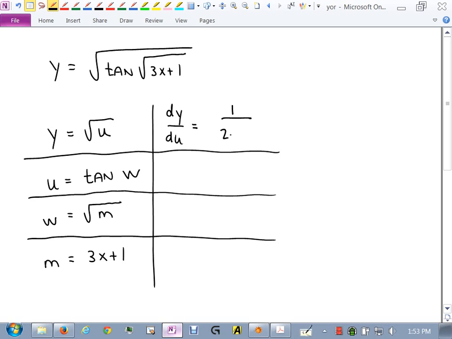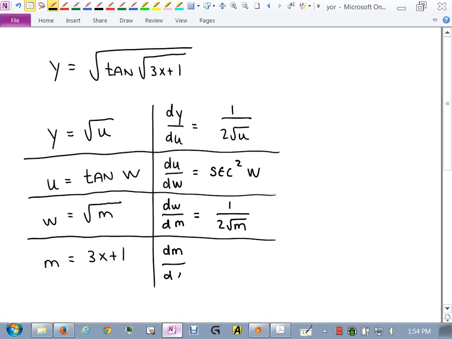What's the derivative of y with respect to u? 1 over 2 root u. And then du dw, which is secant squared w. Then dw dm, which would be 1 over 2 root m. And then dm dx, which would be 3.